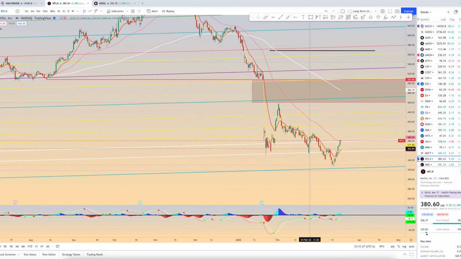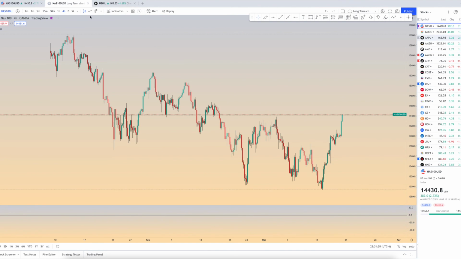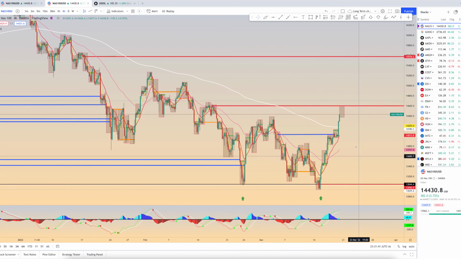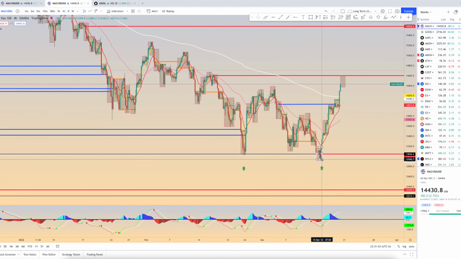I believe that the bottoms of a lot of the Nasdaq stocks were last week around Tuesday. I'll pop in right here just to show that on my long-term chart. March 15th, I believe, is when we hit our low, right? That was a previous support line that I've had.